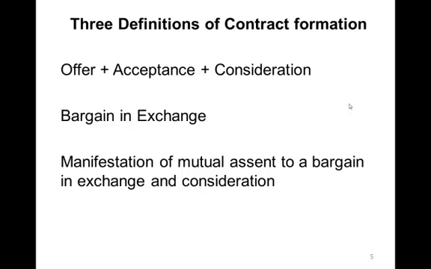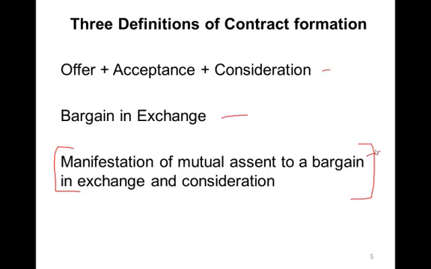I personally think the best approach is the manifestation of mutual assent to a bargain in exchange and consideration because it really clarifies this bargain and exchange and how it all fits together. But for pedagogical purposes in the context of the wider world, it turns out that students are better off being introduced to offer, acceptance, and consideration in the right way, and then later on demonstrating that all three of these things can be proven by the same subset of rules.